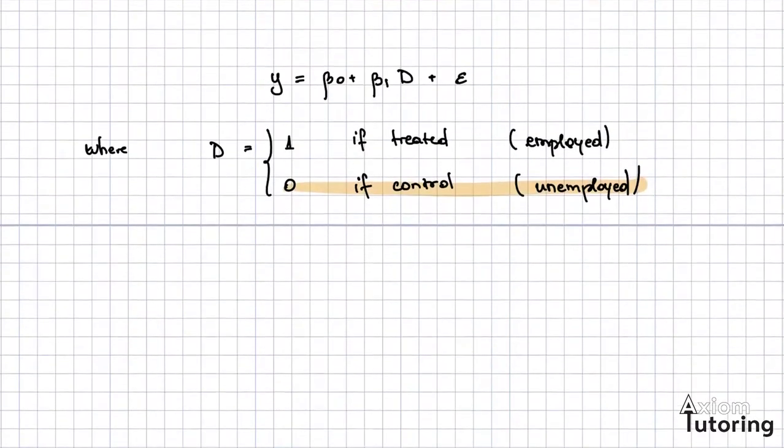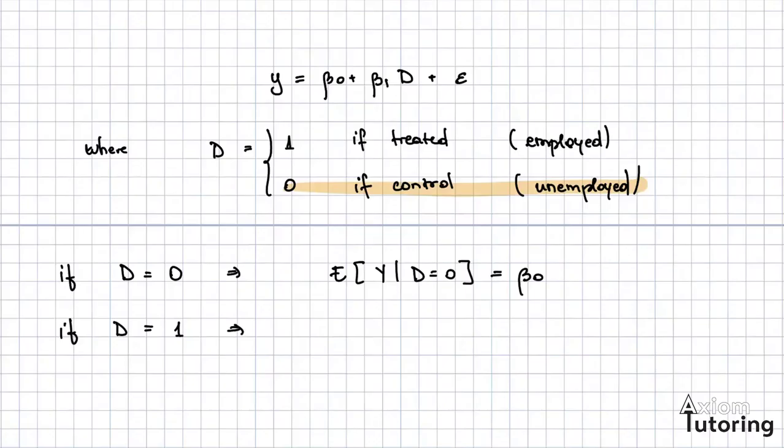In terms of conditional expectations, if d is equal to 0, then the expectation of y conditional on d being equal to 0 is simply beta 0. If d is equal to 1, then the expectation of y conditional on d being equal to 1 is simply going to be beta 0 plus beta 1, because keep in mind, we're just multiplying by a 1 in here.